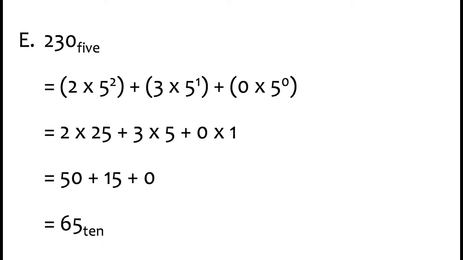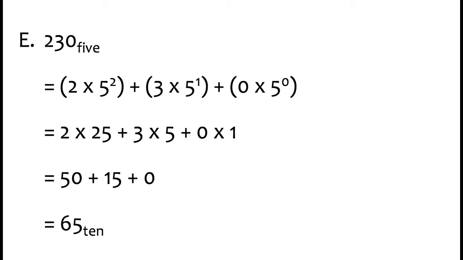So the first digit is 2, so we multiply 2 by the base, which is 5, raised to power how many digits after 2? 2. So we have 2 times 5 raised to power 2, plus the next digit is 3, 3 times 5, which is the base, raised to power 1, plus 0 times 5 raised to power 0.